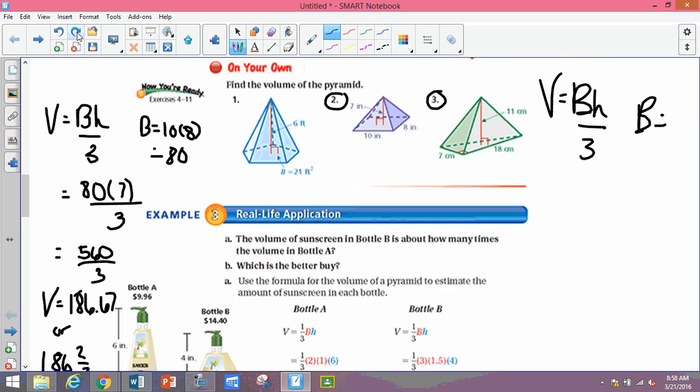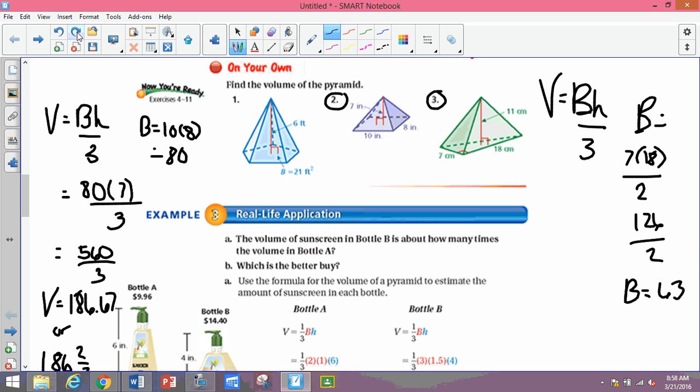Okay, number 3 is a triangular pyramid. So its volume equals the area of the base times the height divided by 3. Our base is a triangle, so we take 7 times 18, our height times our base of the triangle, and divide that by 2. That is 126 divided by 2, which means our area of the base is 63.